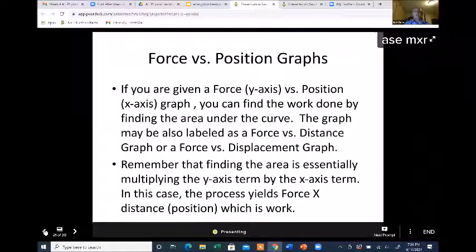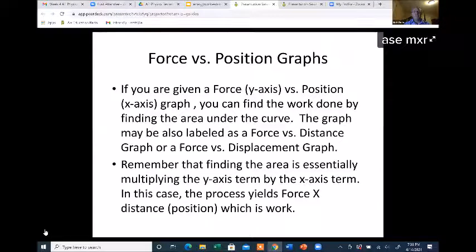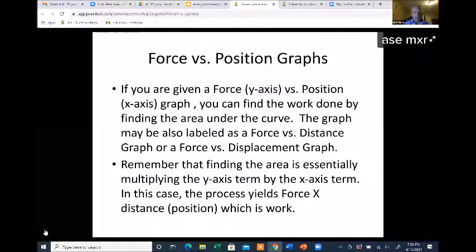Oftentimes in physics, you're going to get graphs of force versus position, or sometimes it may be listed as force versus distance, either one. If you have a graph of force versus position or force versus distance, you can find the work done on that object by calculating the area under the curve.